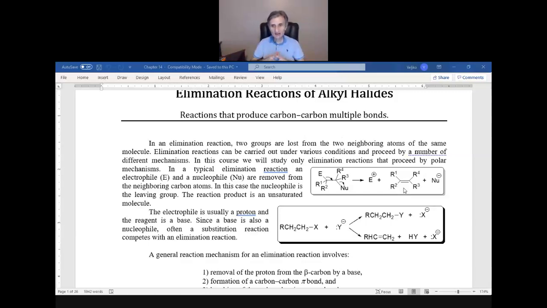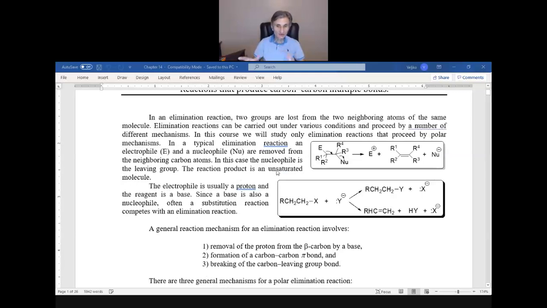We will, in this chapter, limit our study to elimination reactions of alkyl halides. So in alkyl halides, the nucleophile that is being eliminated is halogen. And that halogen could be any halogen X. That means fluorine, chlorine, bromine, or iodine. So keep in mind that fluorine in this case is a leaving group.